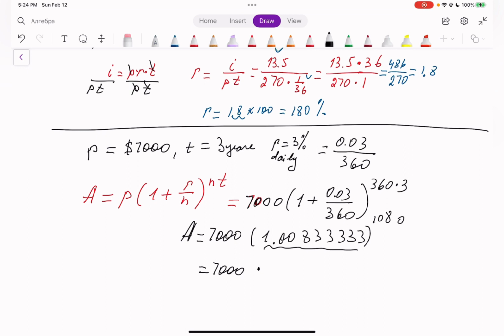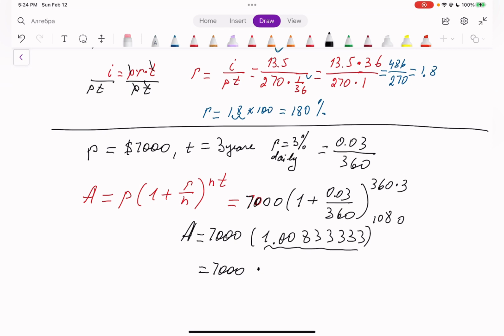1.008, 1, 2, 3, 4, 5. Okay, raised to the power 1080, and I'm getting 7,806 and then 433 and so on. So I need to multiply by 7,000. Yeah, I'm getting huge numbers. Something is wrong.